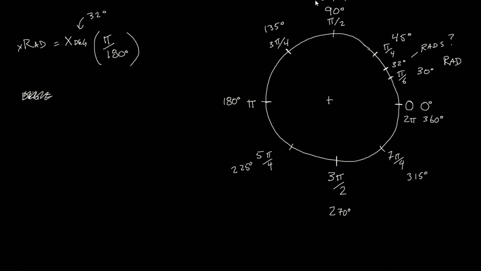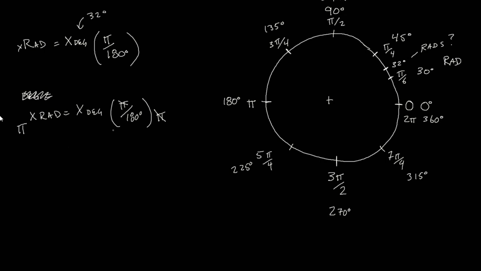Or you could isolate degrees. So let's isolate degrees. So x rad is equal to x degrees times pi over 180. I'm going to isolate degrees in this. So I'll divide by pi, and I'll divide by pi. So the pi's cancel, or become 1 on this side.